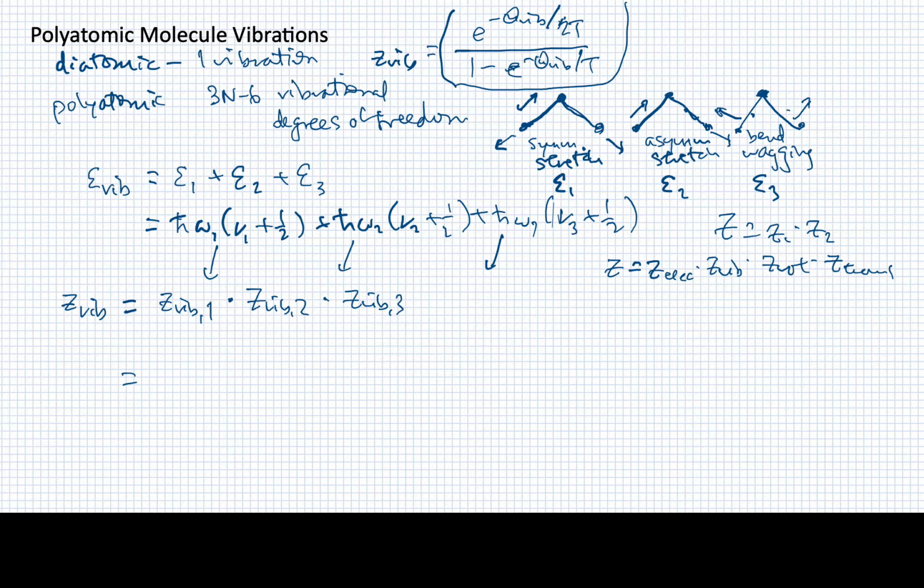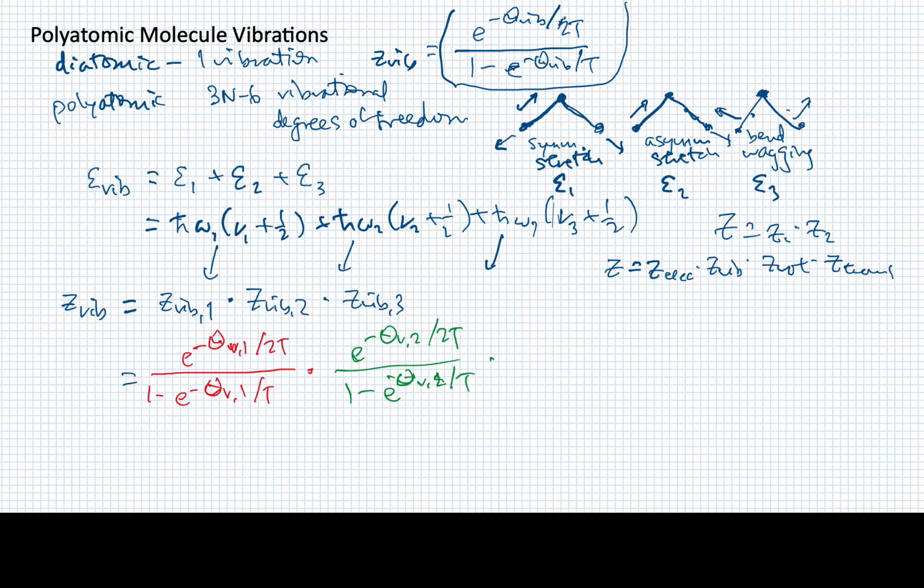So it means that I could, in effect, write, and I'll use a little bit different color just to emphasize this, e to the minus theta vibe of mode 1 over 2T over 1 minus e to the minus theta vibe of mode 1 over T, multiplying for a second oscillator, it would be e to the minus theta vibe of mode 2 over 2T over 1 minus e to the minus theta vibe of mode 2 over T, times a third term, which would be e to the minus theta vibe of mode 3 over 2T over 1 minus e to the minus theta vibe of mode 3 over T. All right, so all we've done is effectively to make three partition functions out of harmonic oscillators and simply multiply them together.